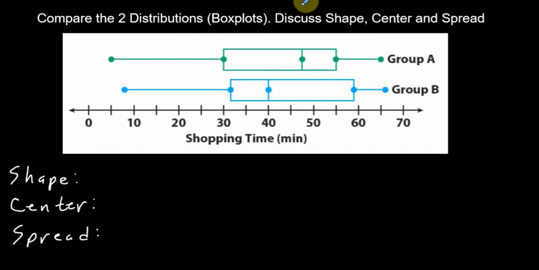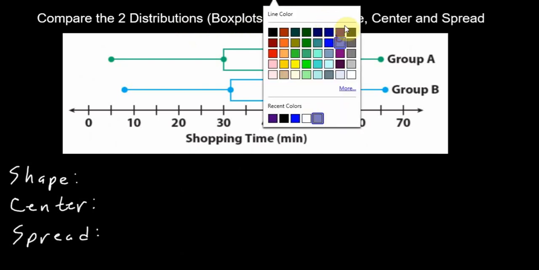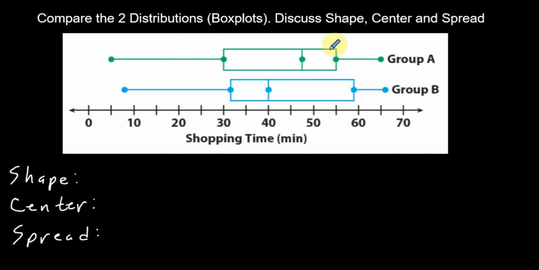All right, so let's take a look at our two distributions here. Looking at shape. For this one, remember this is the median, that's the middle. So 50% of your data is here and 50% of your data is here.